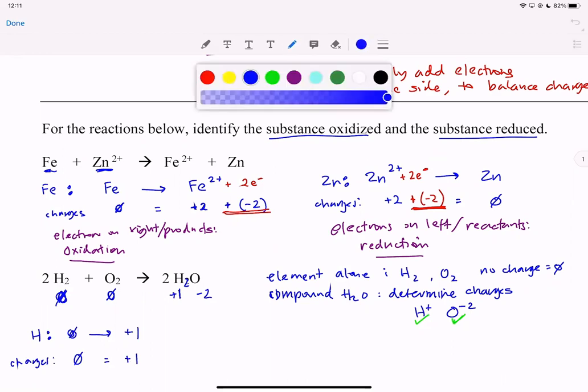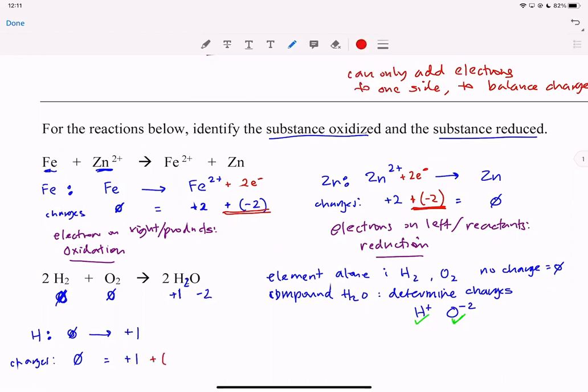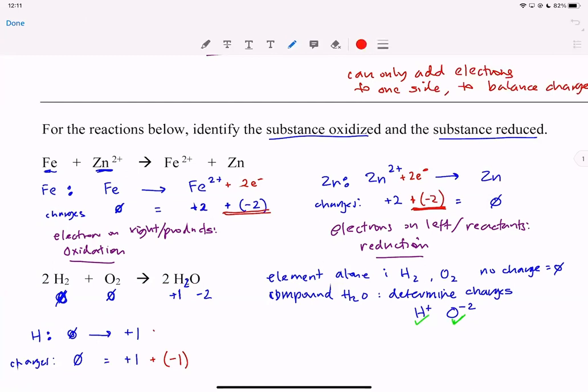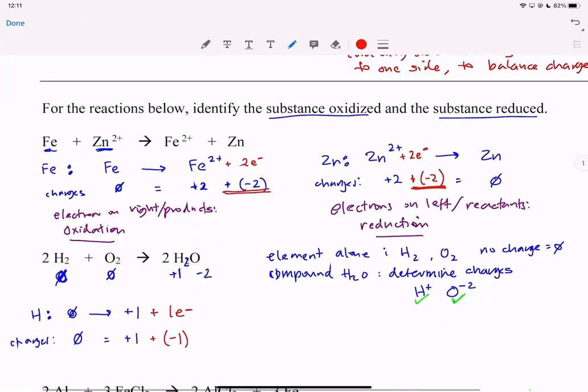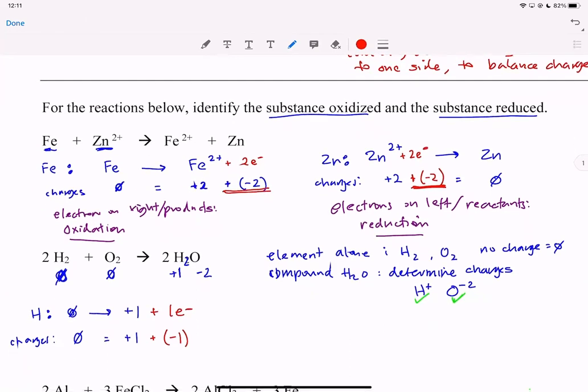To make this equal, you have to add a -1 charge, so -1 + 1. That means I'm adding 1 electron. So the hydrogen, which was H2, becomes this part of H2O plus 1 electron.